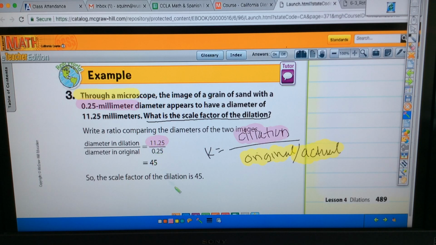And in reality, it's 0.25. So let me fix these. So in reality, this is 0.25 of a millimeter diameter. The dilation of that is 11.25. So there we go. I had those two mixed up. So if you go ahead and plug these into a calculator, you're going to see that 0.25 goes into 11.25 45 times. So that tells you that the scale factor is 45.